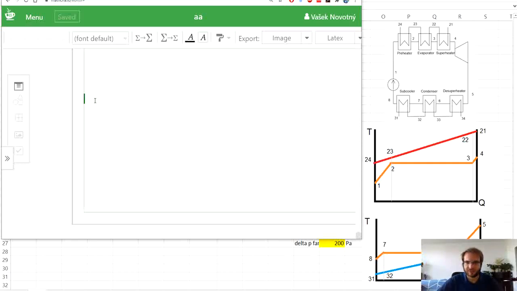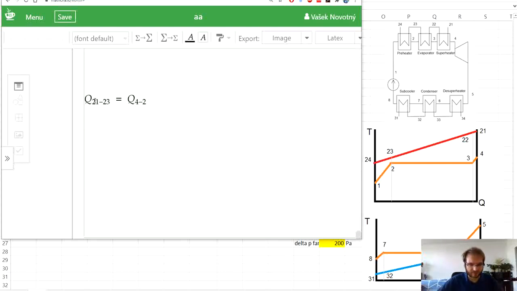So the heat transferred from the primary fluid between the points 21 and 23 needs to be the heat transferred into the secondary fluid between the points 4 and 2.